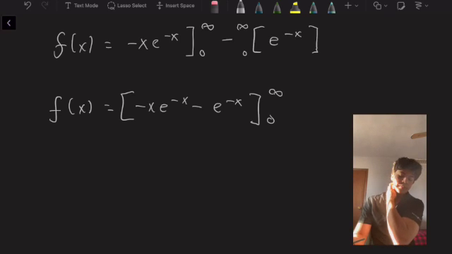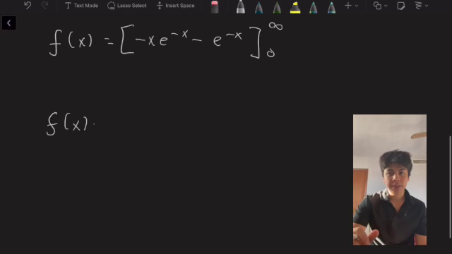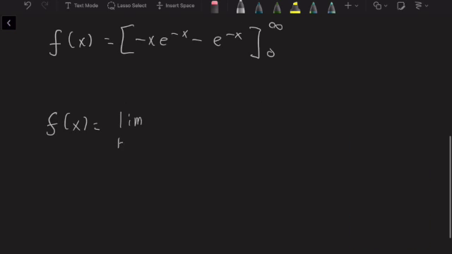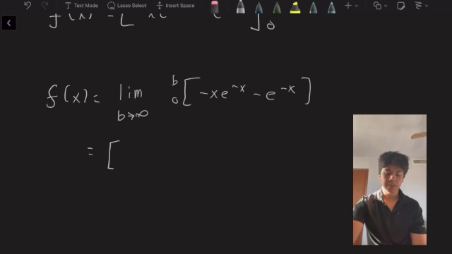An important thing to know is that we need to change this into limit notation because infinity isn't a finite constant. You just approach infinity. It's only possible to approach infinity, so we have to use limit notation. So if we zoom into the negative x e to the negative x portion, we're actually going to get an indeterminate form.